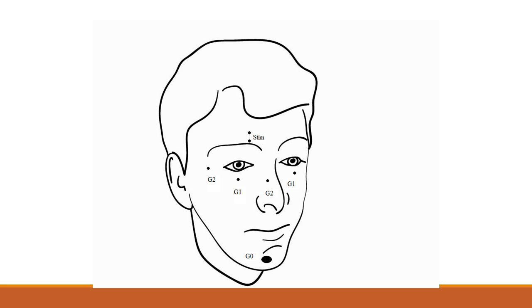So the setup is here. You have your recording electrode right below the eye, and you can put G2 either at the corner of the eye, or on the opposite side of the nasalis. You set both of them up the same, and then you stim at the orbicularis notch.